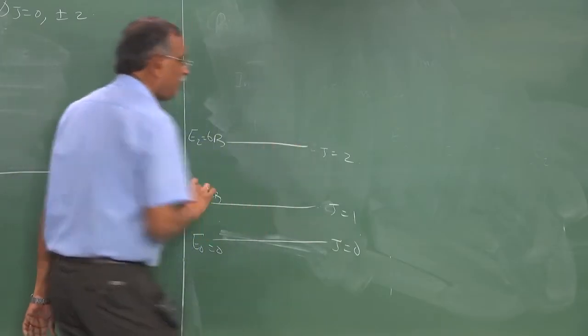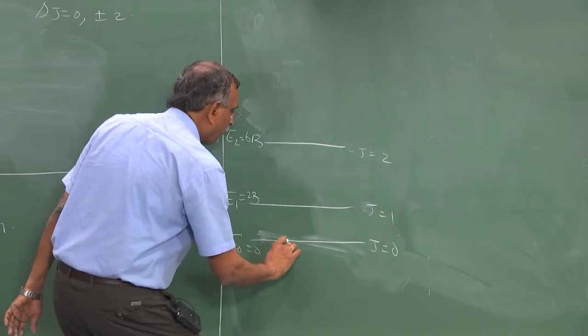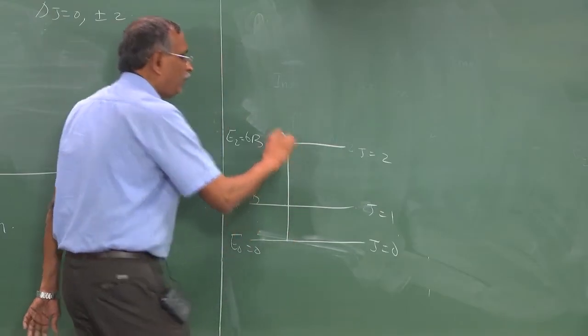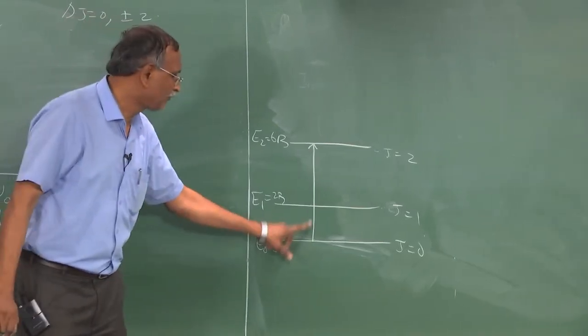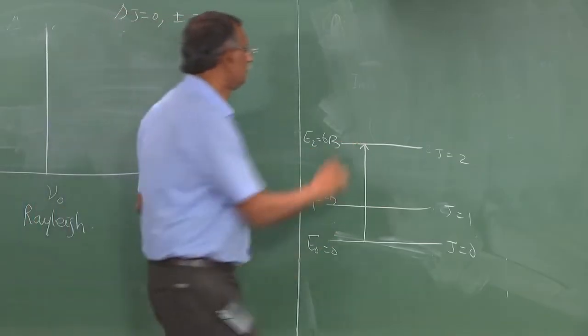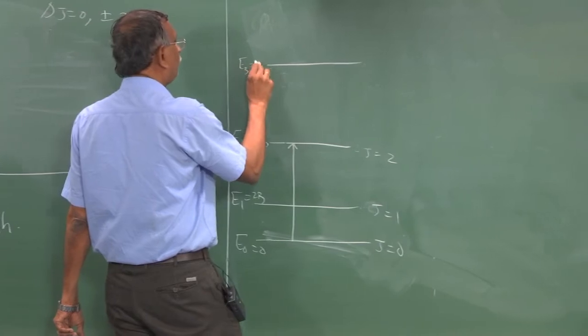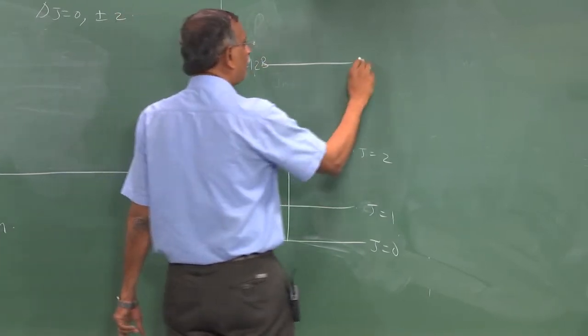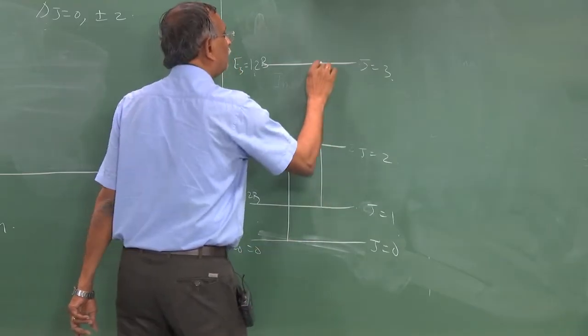Same energy level spacings that we are familiar with from microwave, but now between 0 and 6B you have a transition because delta J has to be 2. There is no transition between 0 and 1. There is no transition between 1 and 2. What about E3? E3 is equal to 12B, and this is J equal to 3. There is a transition between 1 and 3.